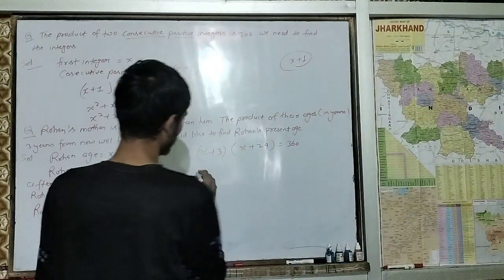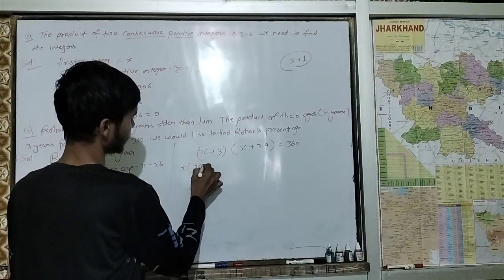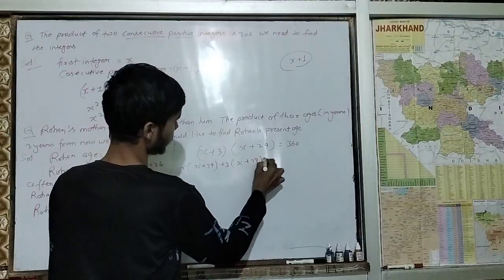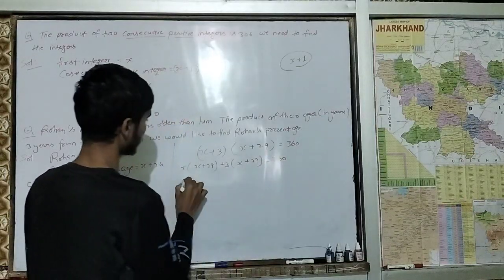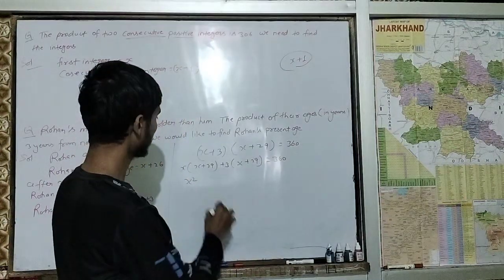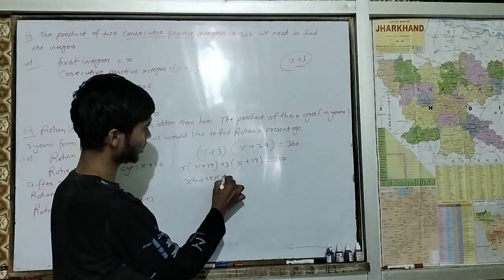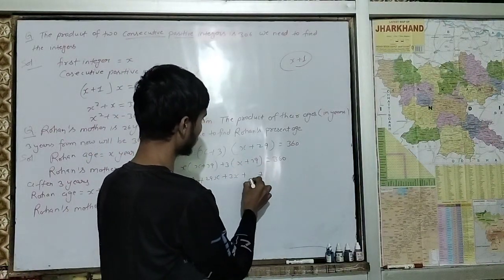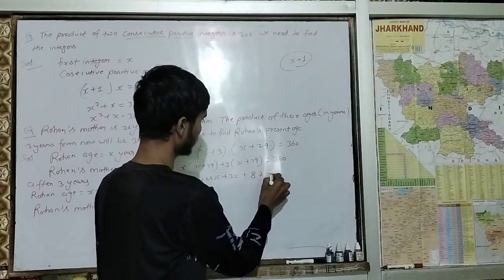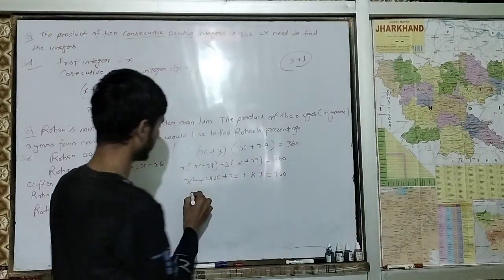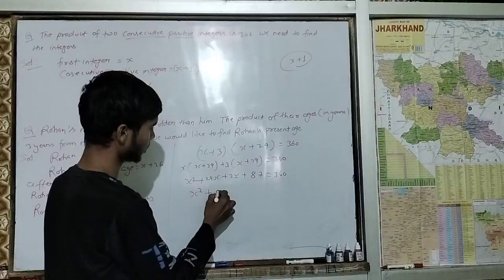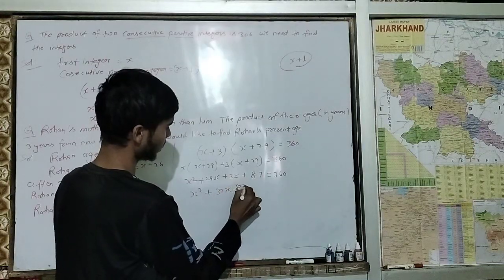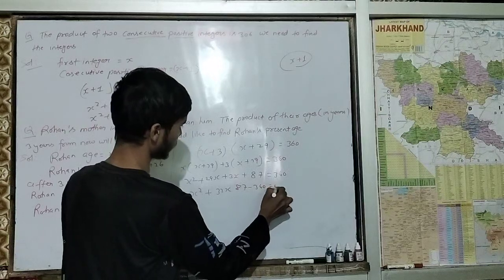Simplify this: it gives us x square, then 29x, then 3x, then 3 times 29 is 87. So x square plus 32x plus 87 minus 360 is equal to 0.